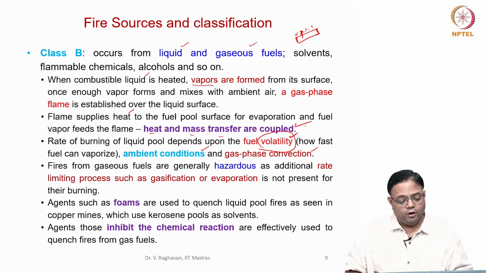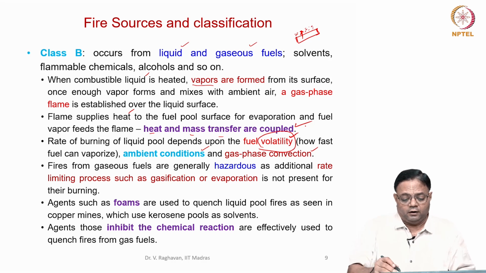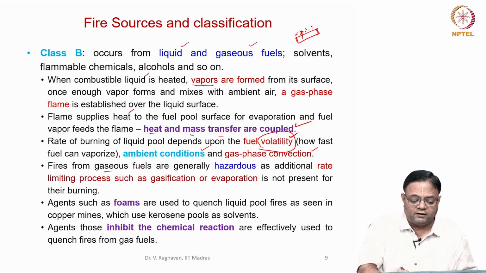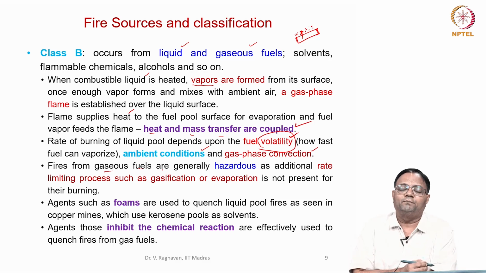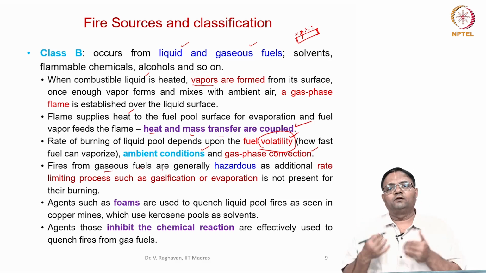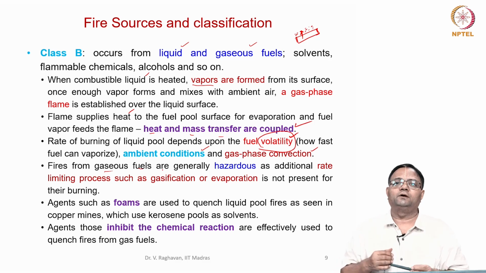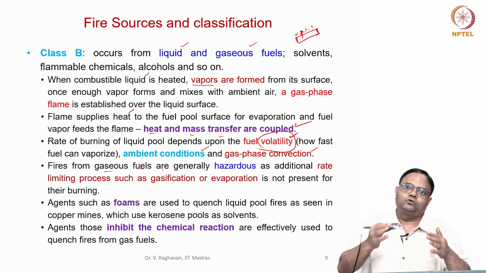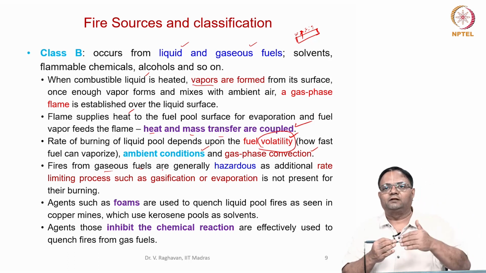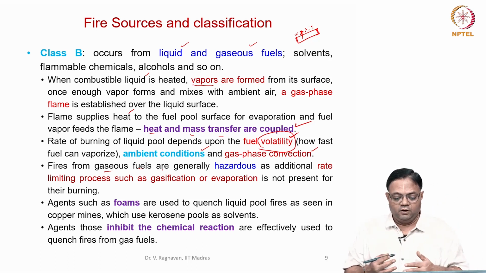Now, let's say gaseous fuel. There is no primary step which is required. The gas fuel already comes out, so the only important step is how it mixes with the oxygen, or how it is carried to the flame zone where oxygen from the other side comes and meets it.